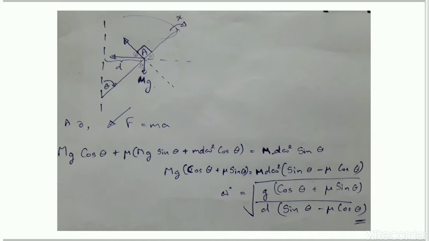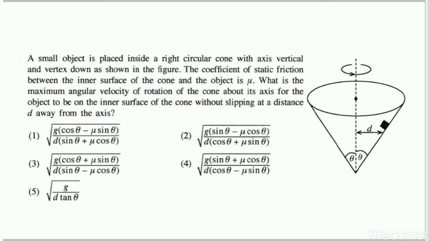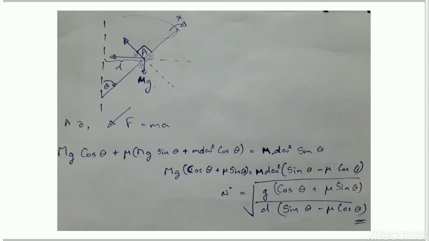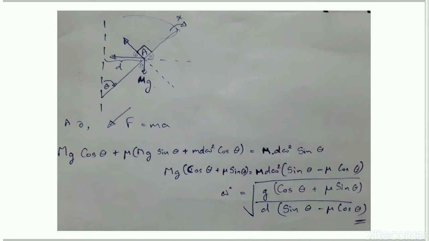As we have done here, we have taken all the forces acting along the inner surface of the cone. That means along the inclined surface. Then we can solve this equation and we can take the answer as this one. I hope this is answer 3 here. What I did was, I took all the forces that are acting along the direction of the inclined surface.